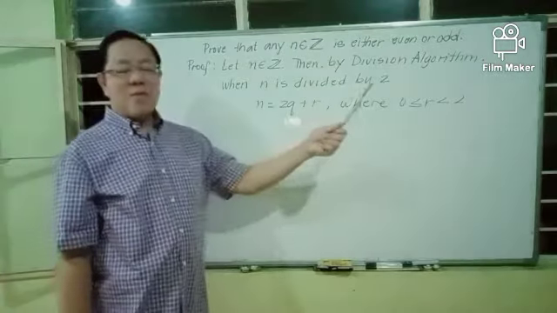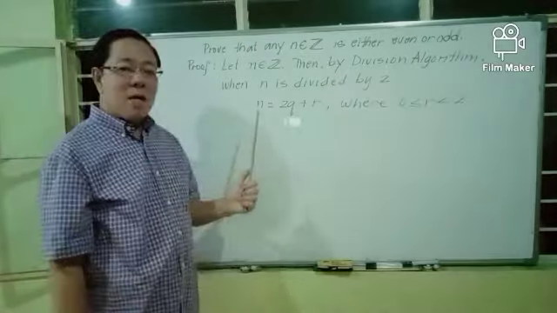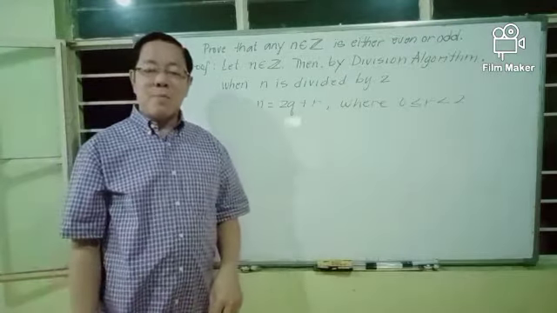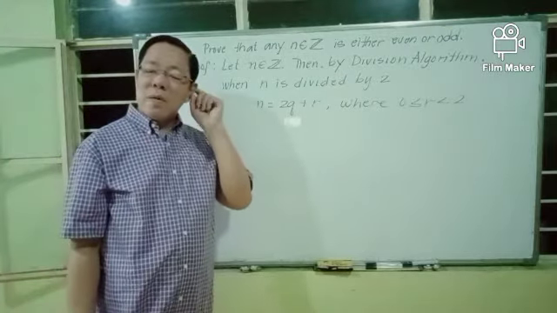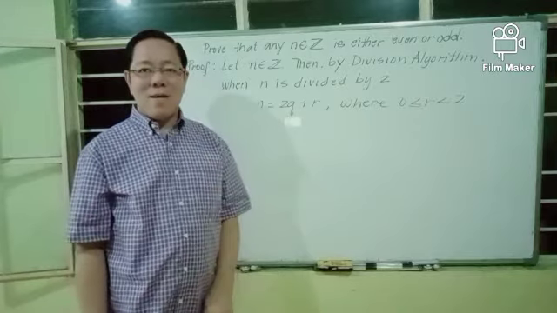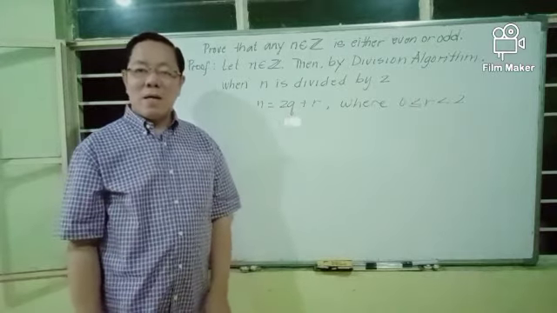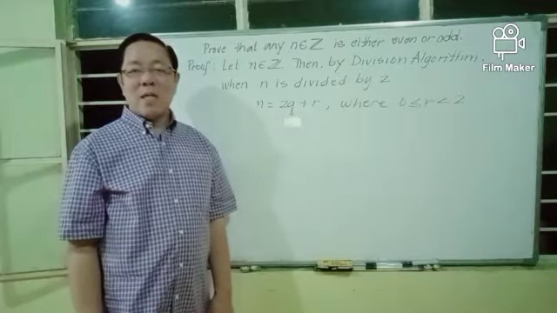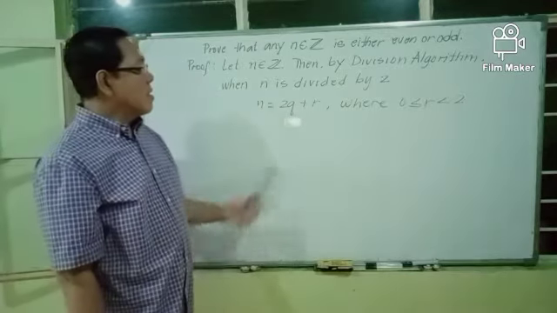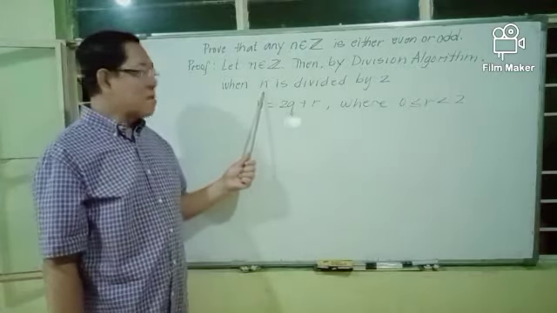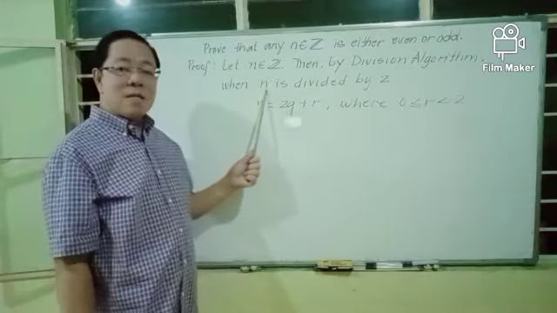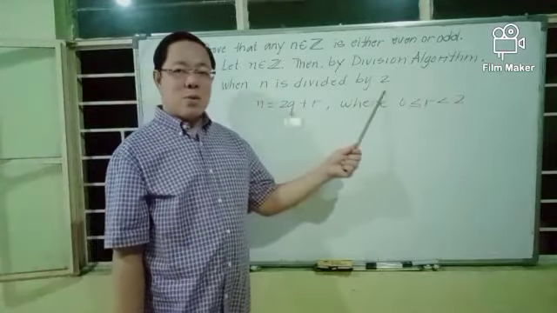In the original division algorithm, we say a is divided by b. When a is divided by b, then we can write a equals bq plus r, where the remainder r is greater than or equal to 0 but less than b. In this particular example, a is n and b is 2.